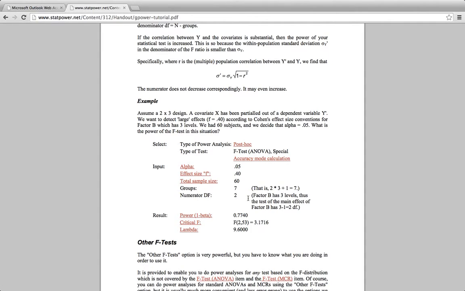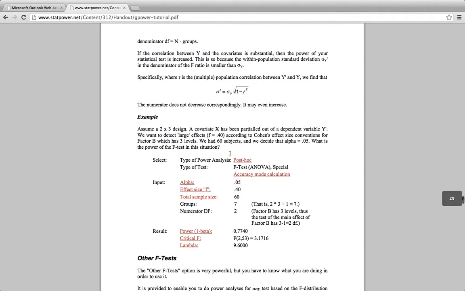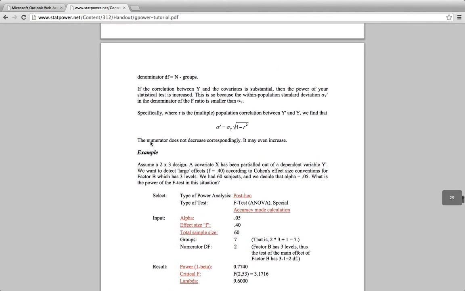So it looks like factor B has 3 levels. Thus, the test of the main effect on factor B has... okay, so they're doing a 2x3 design. The covariate has been partialed out. The dependent variable, we want a large effect for factor B. So a 2x3 design.